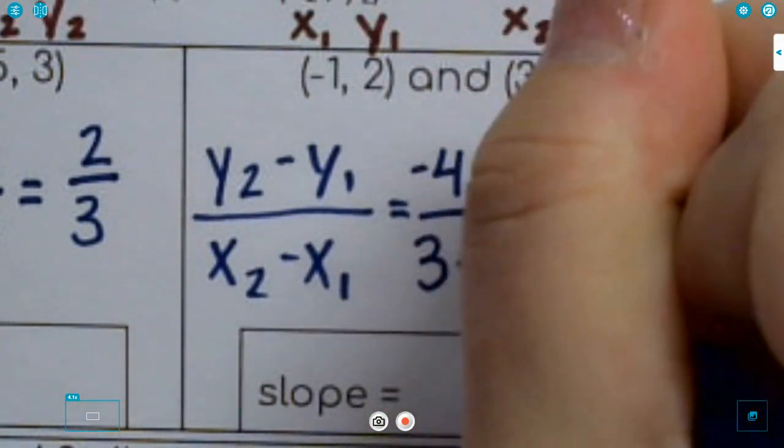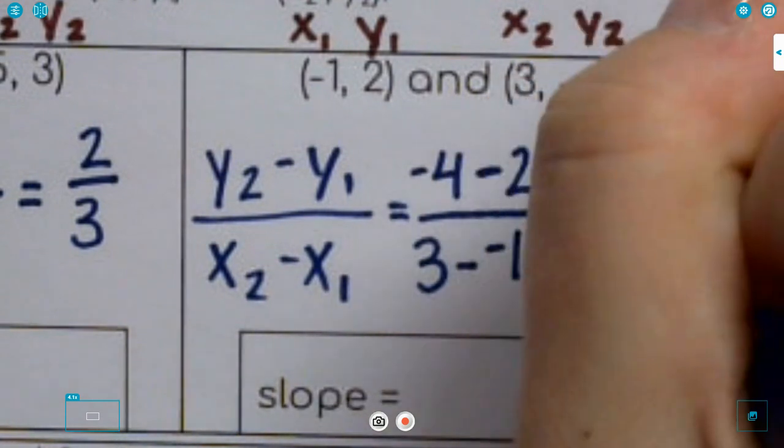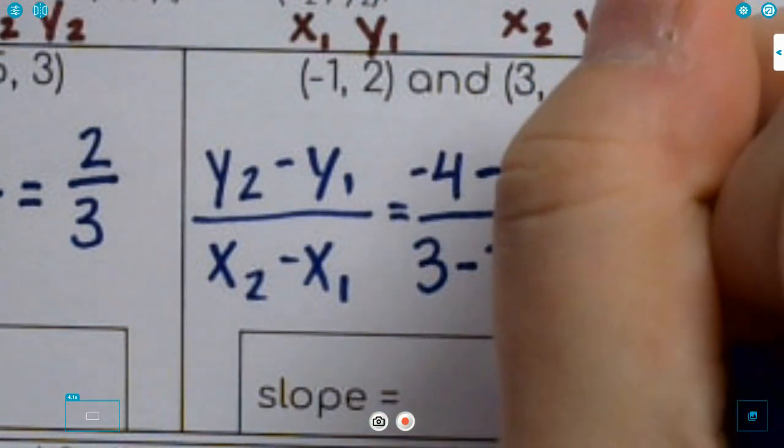Okay, here is something that it's important that we pay attention to. If we have to subtract a negative, that is the same as adding a positive. 3 minus -1 is the same thing as 3 plus 1. So on bottom here, 3 minus -1 is the same thing as 3 plus 1. That gives me 4 on bottom.